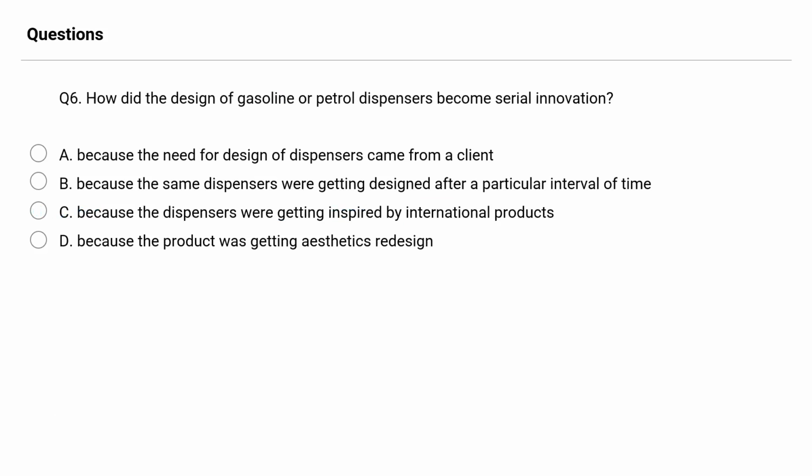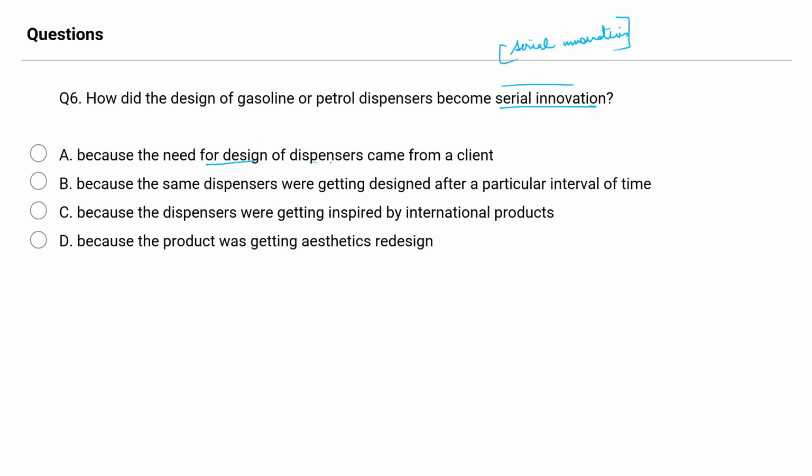Let's come to the sixth question. It says, how did the design of gasoline or petrol dispensers become serial innovation? So now we are talking about serial innovation. You have got four options. Again, it's a single choice question.